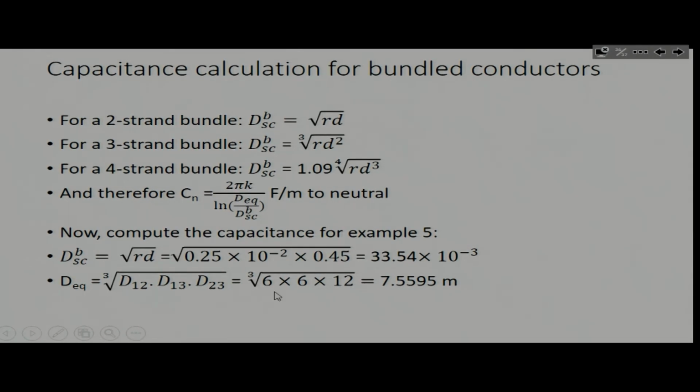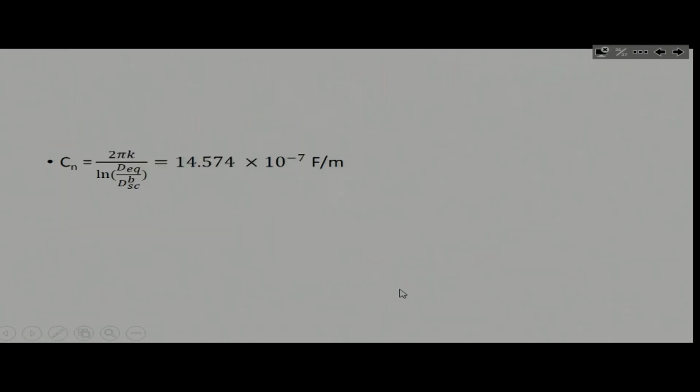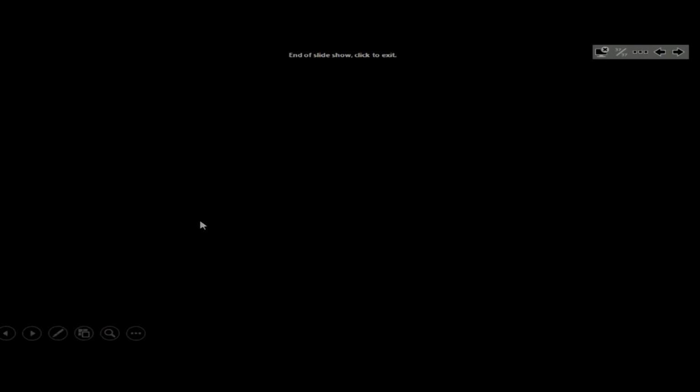D equivalent stays the same at 7.559. And C is equal to 2 pi k divided by ln D equivalent over DSC of the bundle. And that gives us 14.574 times 10 to the power minus 12 farads per meter. And that brings us to the end of this lecture.